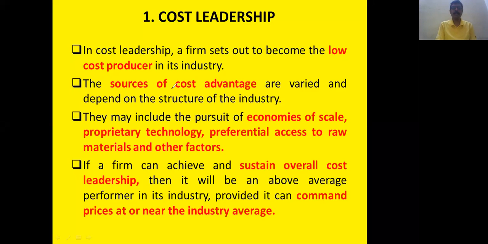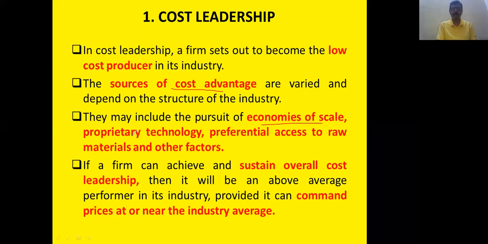Next, there are also major sources for cost advantage. By completely utilizing the resources and using technology, they can act as cost producers. Next, by producing a huge amount of goods at a time, that is maximizing economies of scale, they can become a cost producer.